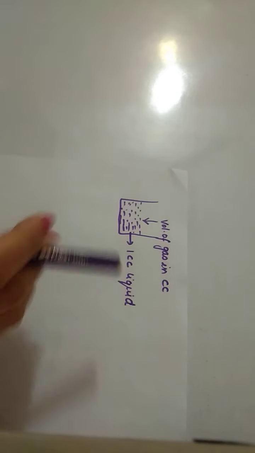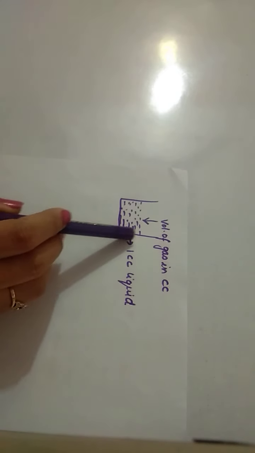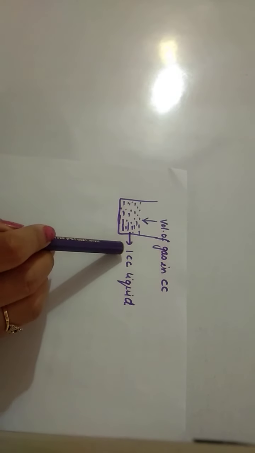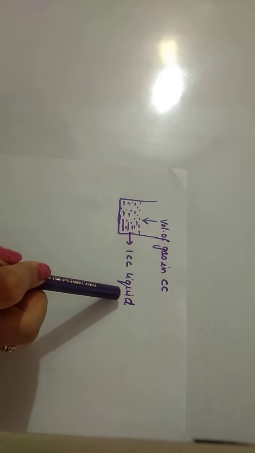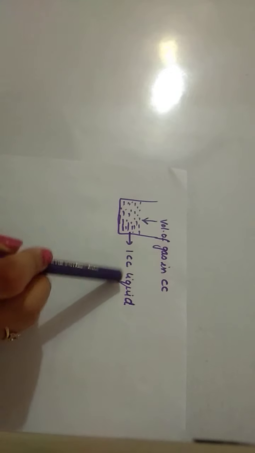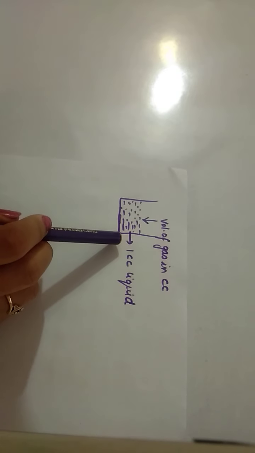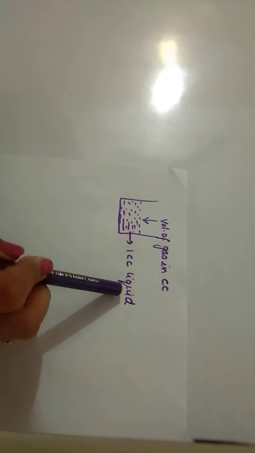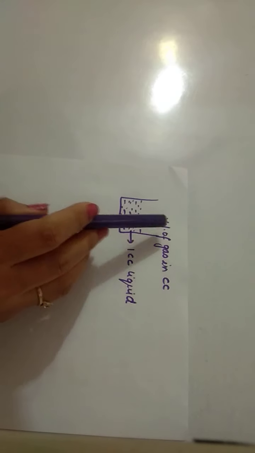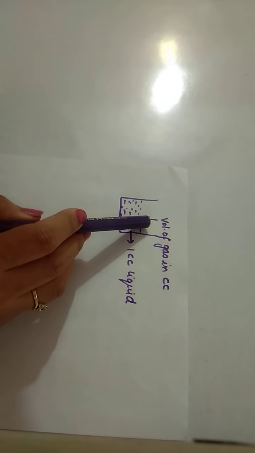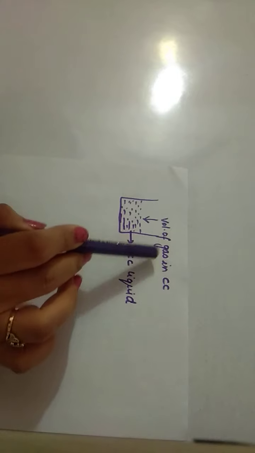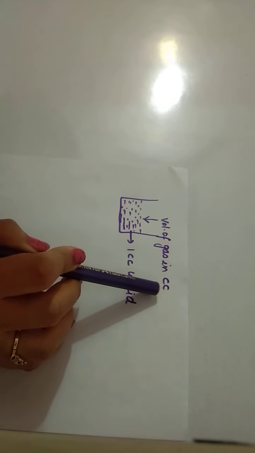Suppose we have a liquid and we take 1 cc of liquid, that is 1 cubic centimeter of liquid. In that we will try to dissolve a certain volume of gas in cc.